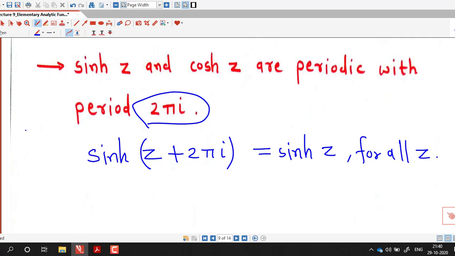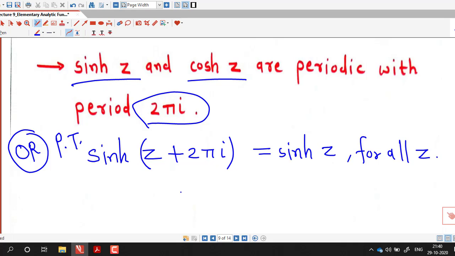Okay, so they can ask in this way also, or prove that sine hyperbolic z plus 2 pi i equal to sine hyperbolic z for all z. Similarly they can ask for cos hyperbolic z also. So first we try to prove it for sine hyperbolic z plus 2 pi i.